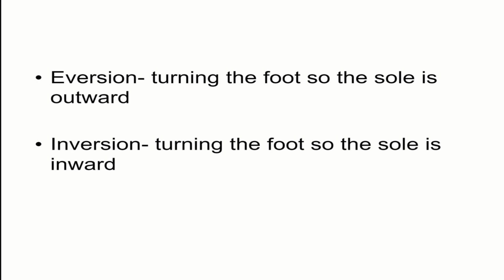So we may say that their gait is inverted. So we're talking about the sole, they're walking on the outside edge instead of flat on their foot. And so those only really come into play when we're talking about something going wrong, whereas the other ones all really describe movement.